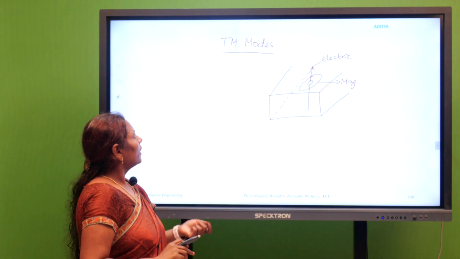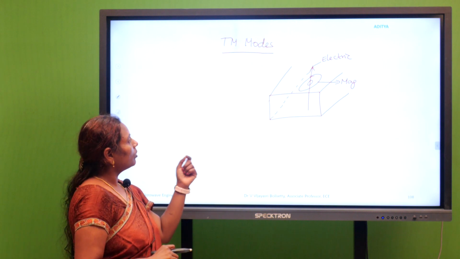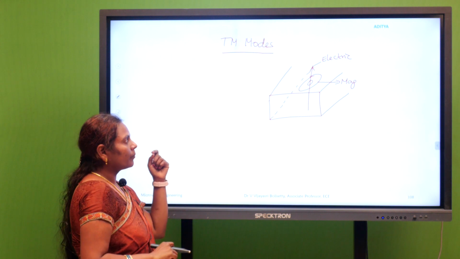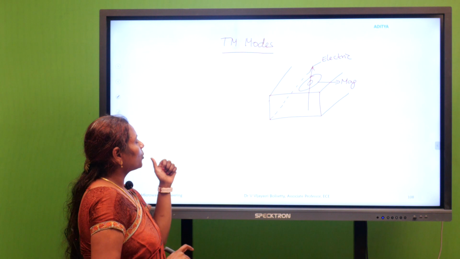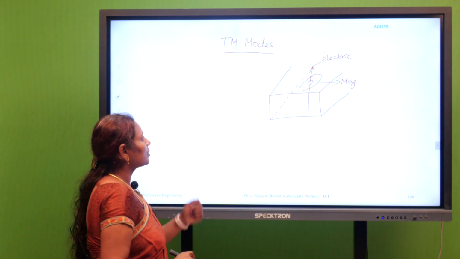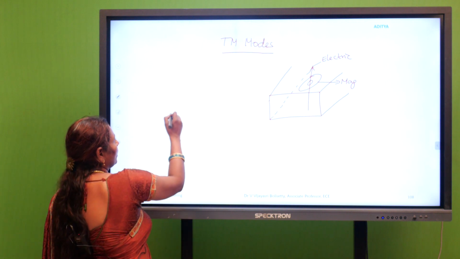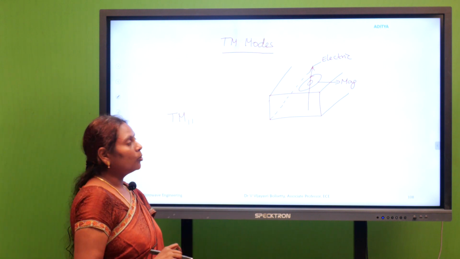So, here as we are discussing the transverse modes of TM mode propagation, we see how this magnetic field is going to distribute for the different modes of M and N in the TM mode of propagation. For example, first we start from the dominant mode. So, TM11 is the dominant mode.